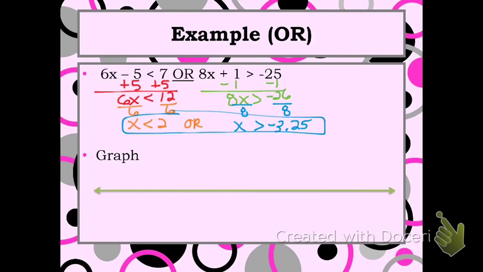We're going to put these onto our number line. And we'll estimate approximately where negative 3.25 would be.